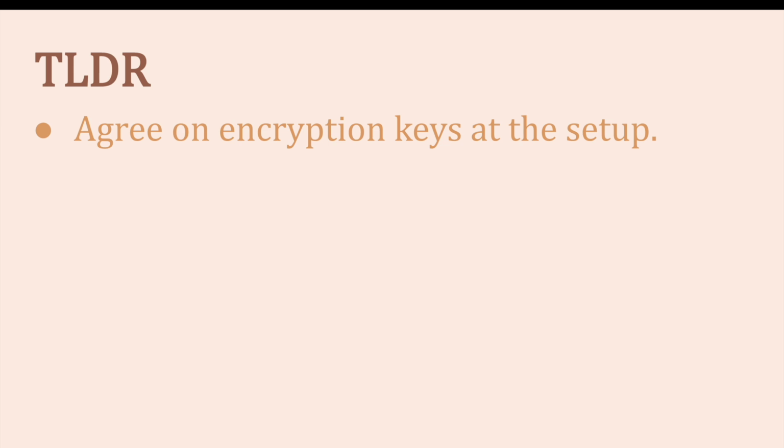I'll come to that, but I'm using encryption during the DKG process, and to do so we need to agree on the encryption keys, and we do that at the setup phase. It's kind of like symmetric encryption of some sort. We're encrypting the secret data, but we need to agree on the encryption keys first, and that's what we do at the setup phase.